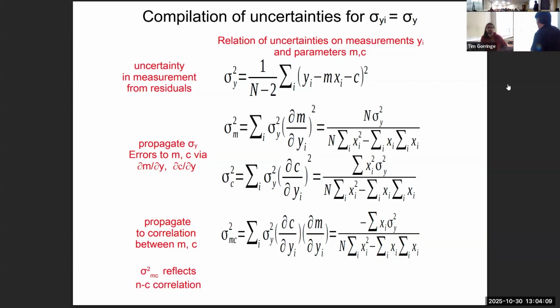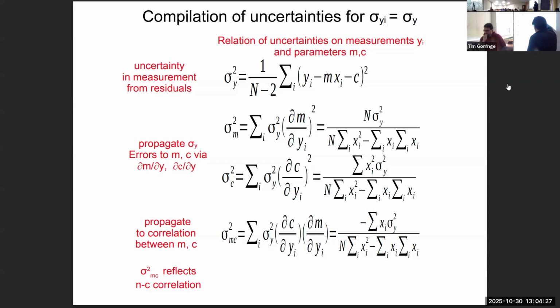So this is how you would measure the uncertainties of data, propagate those to uncertainties in the slope and the intercept, and the correlations between them.